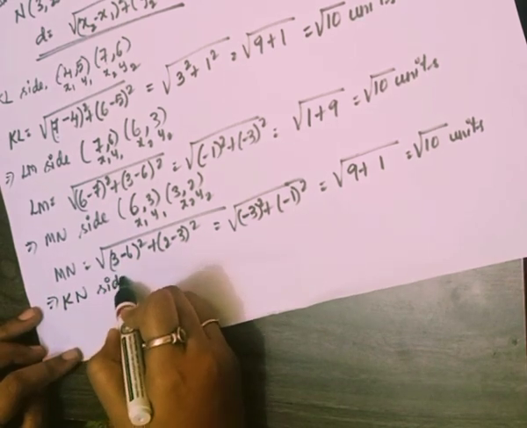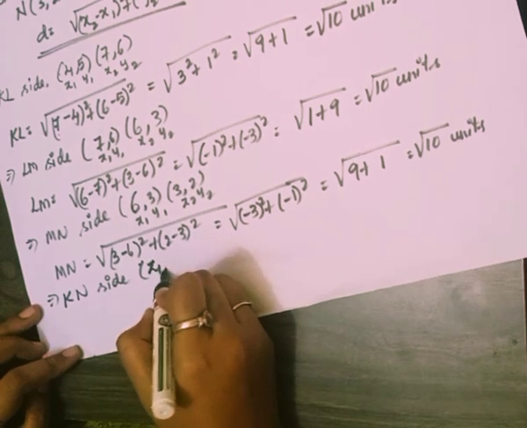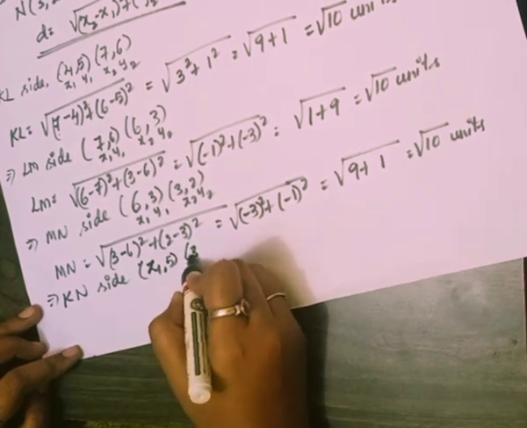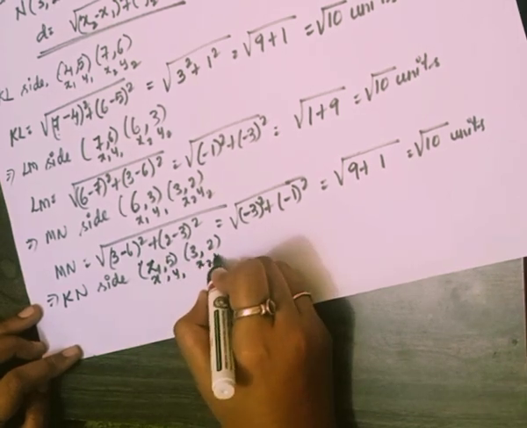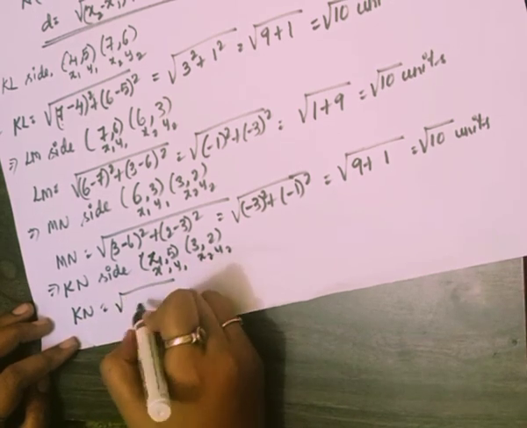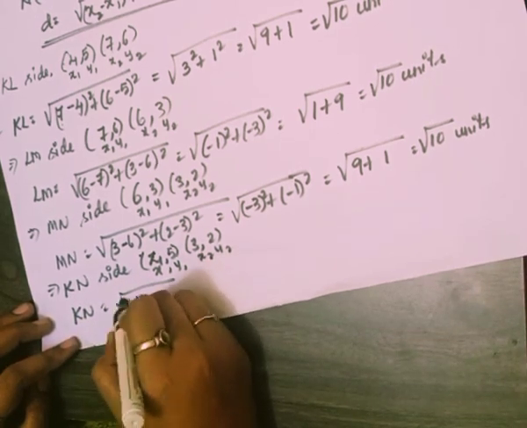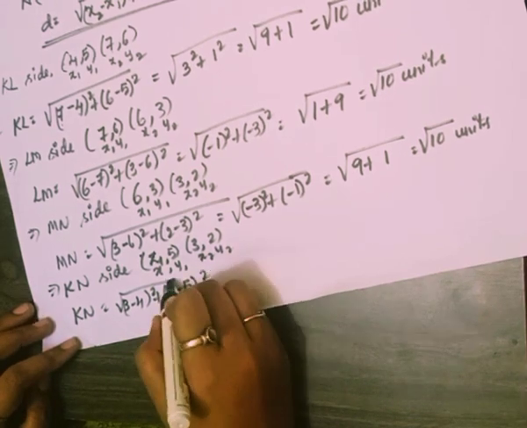What's the K value we have? That is 4 comma 5, and N value we have 3 comma 2. x1 y1, x2 y2. Now KN is equal to square root of 3 minus 4 whole square plus 2 minus 5 whole square.